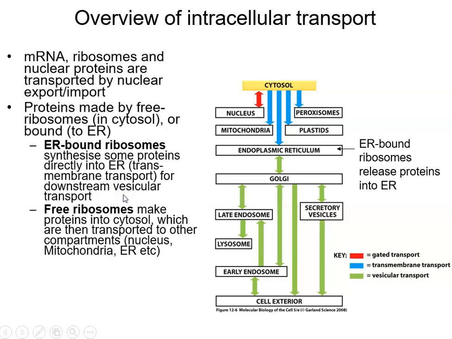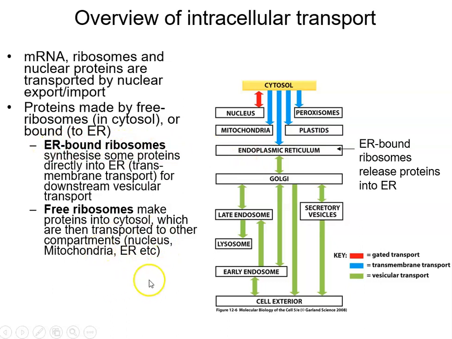And then we've got the free ribosomes, which make proteins that are free, floating around in the cytosol, but also proteins that need to get to the mitochondria, proteins that need to get to the nucleus, and some proteins that need to get into the endoplasmic reticulum. So not all ER-destined proteins are made by the ER-bound ribosomes.